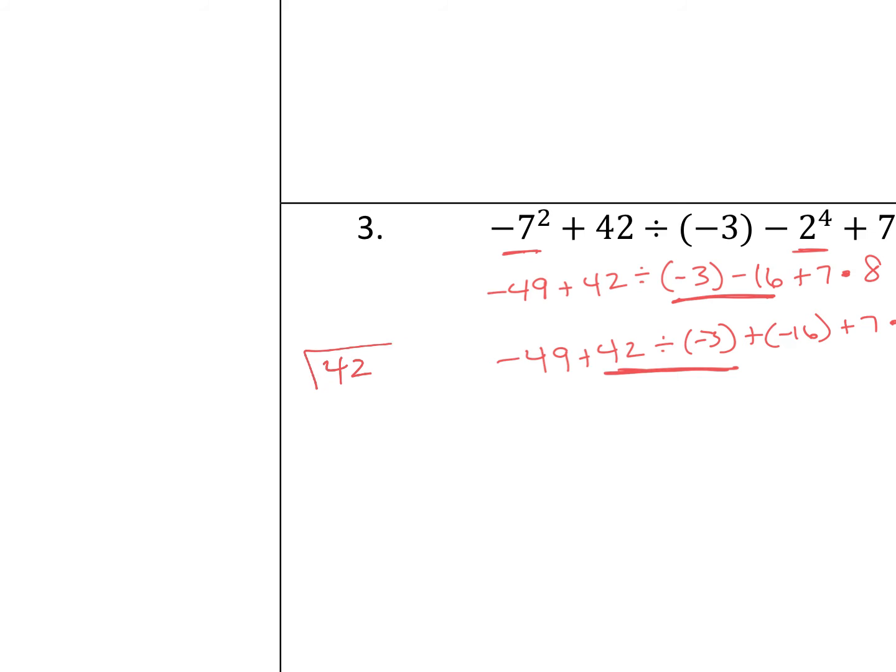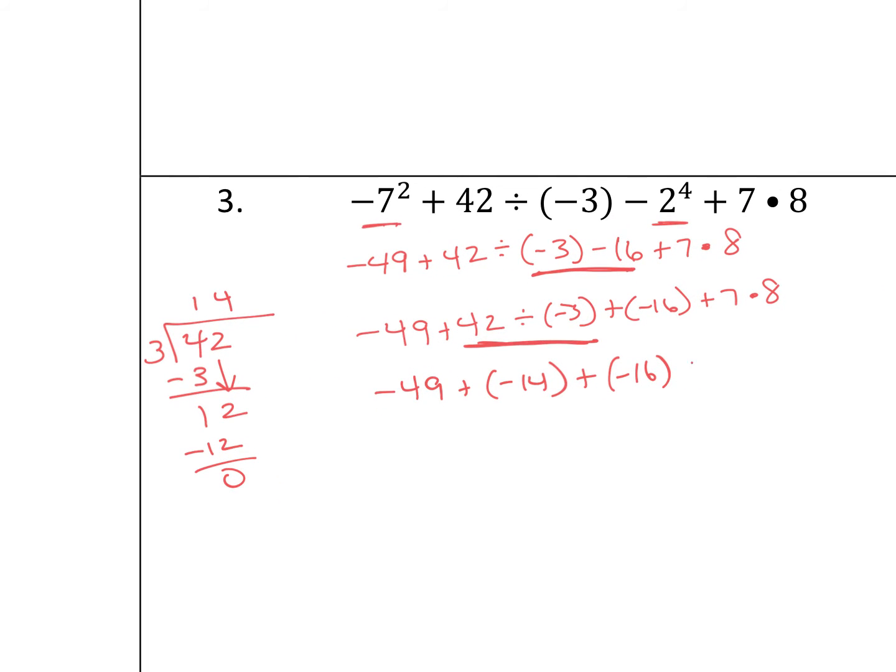So 42 divided by 3. 3 goes into 4 one time. 4 minus 3 is 1. Bring down the 2. 3 goes into 12 4 times, which is just 12. So I know 42 divided by negative 3 is going to be negative 14. Bring down everything else that I have not used.